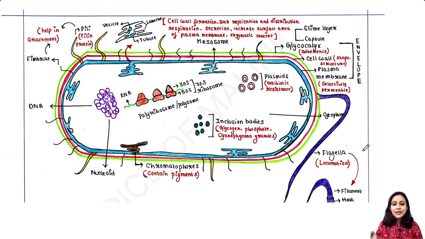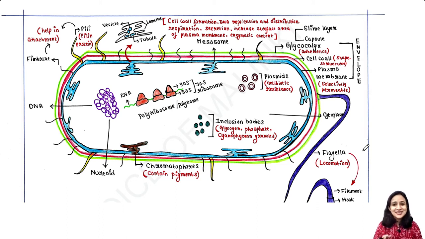First of all, prokaryotic cell, like bacteria, does not contain any membrane-bound organelle, unlike eukaryotic cells, which contain many membrane-bound organelles, like lysosome, mitochondria, chloroplast in plants, endoplasmic reticulum, Golgi bodies, vacuoles, microbodies.